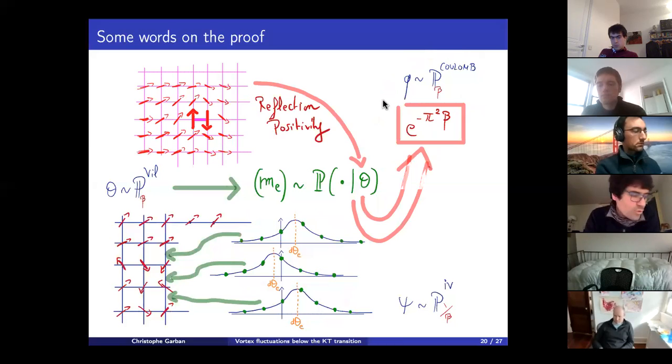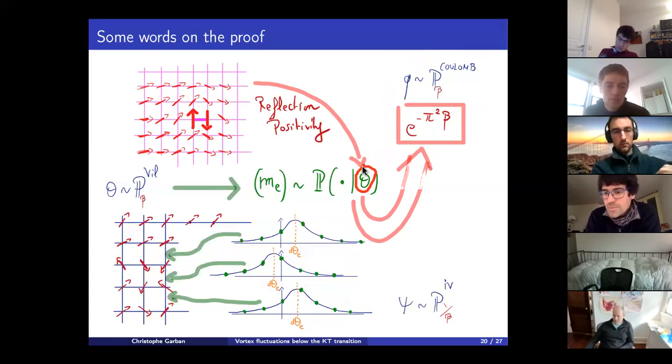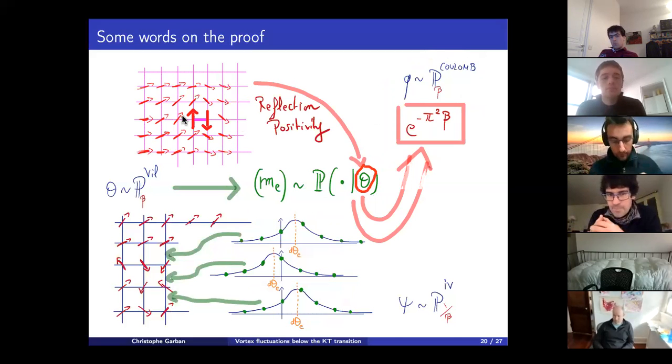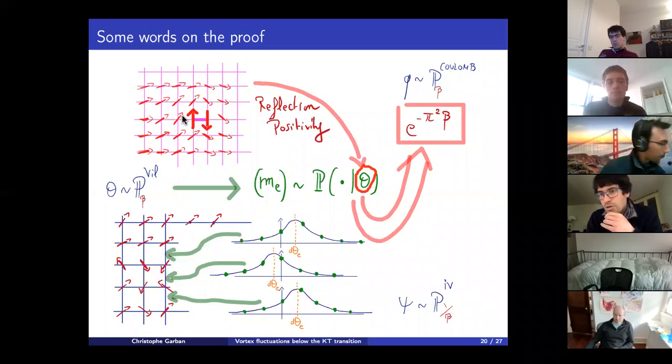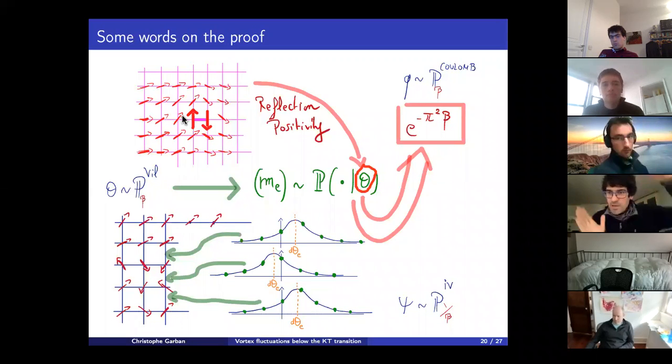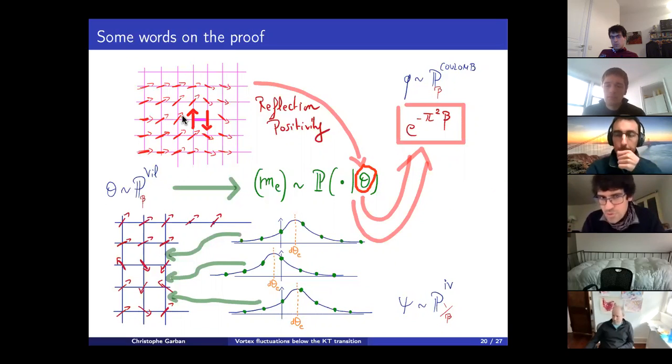And just in a few words, if you want to optimize things, we first need to optimize how the quenched disorder is behaving. And here, there is a new kind of spin wave that naturally enters the system, which is not the spin wave we had at the beginning of the talk, which was interpolating between East and then West. It's also not the spin wave that is doing a vortex and anti-vortex that we had in the middle of the talk.